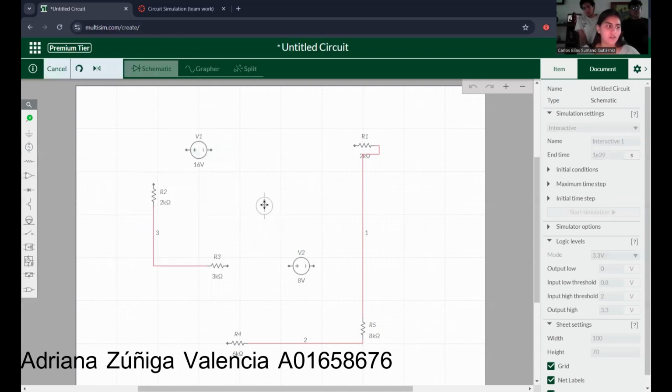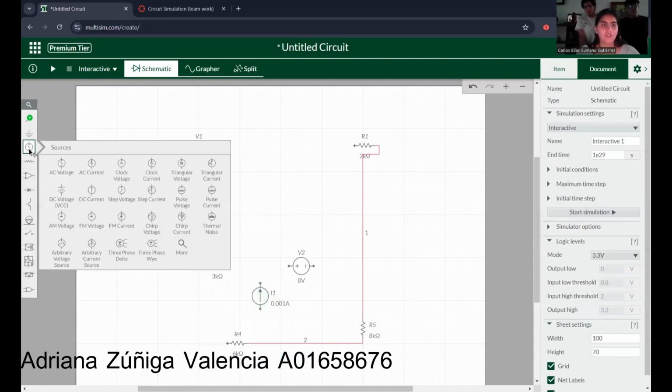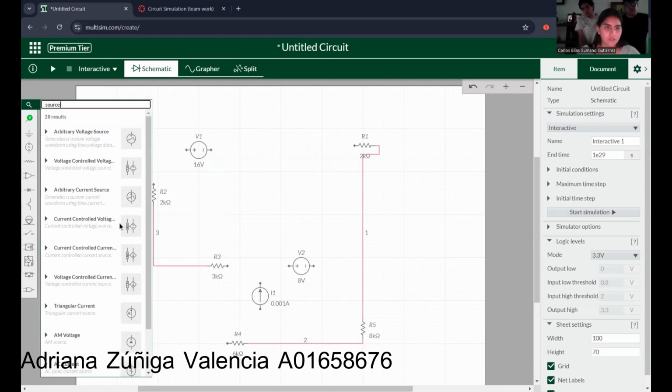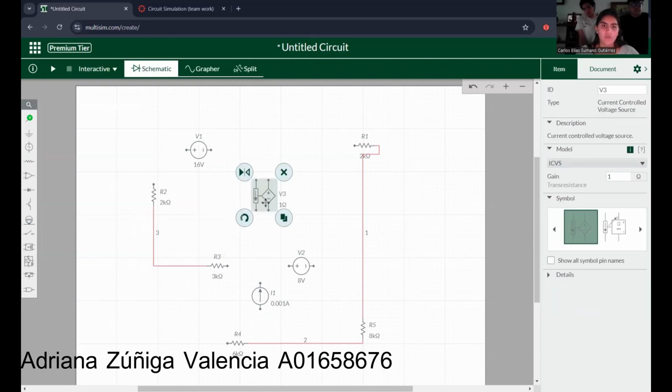It is here, and it will have a value of 0.001 amperes. And finally, we have to get a dependent voltage source that depends on the current. Here we have this one, and it will have a value of 4 ohms.